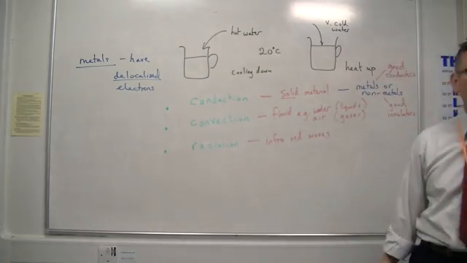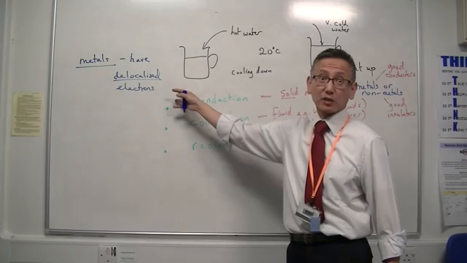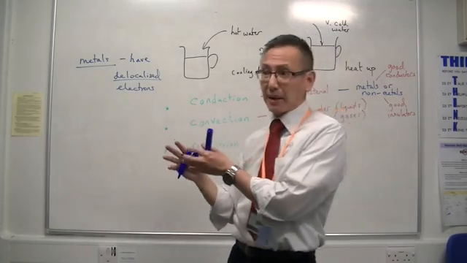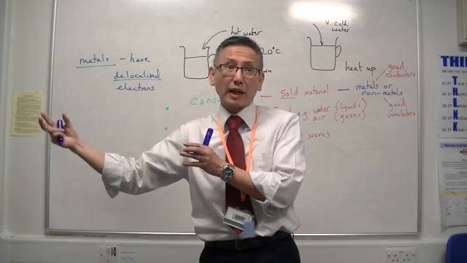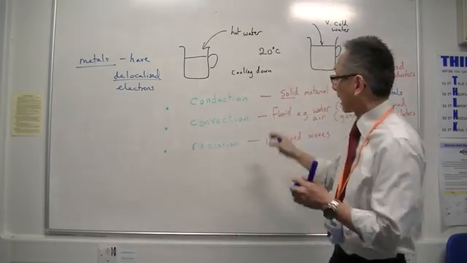Whereas the non-metals, unfortunately, they don't have these delocalized electrons, so they can't go anywhere. The heat takes its time getting from the hot end to the cold end. That's basically it. Okay, that's conduction.